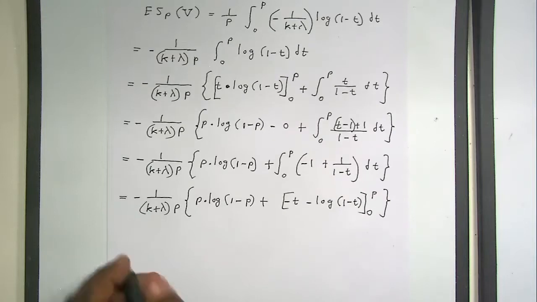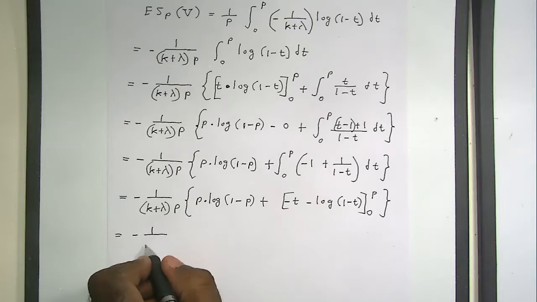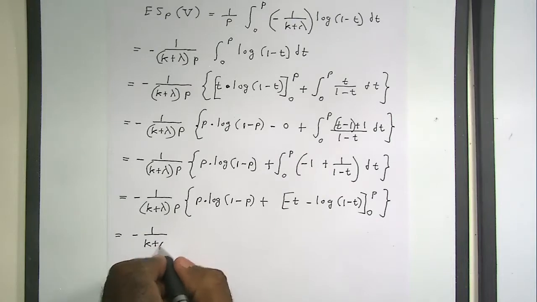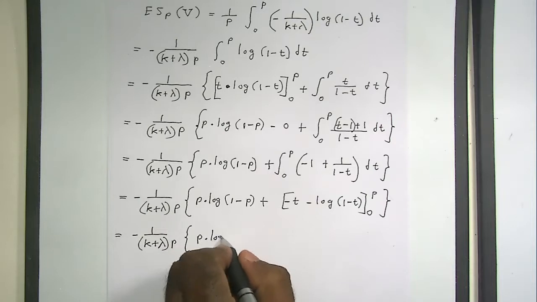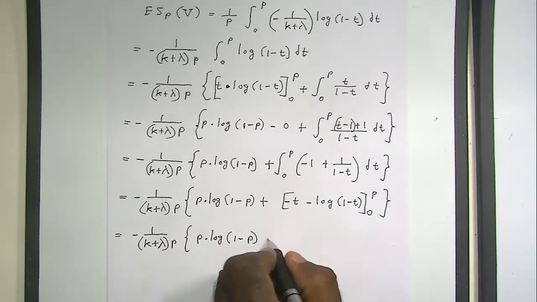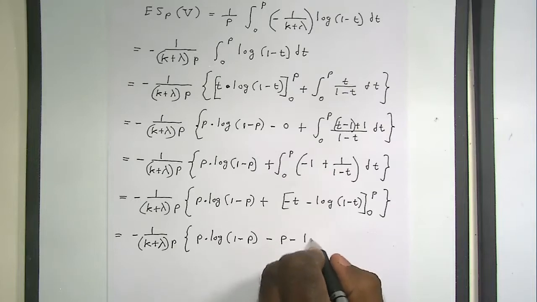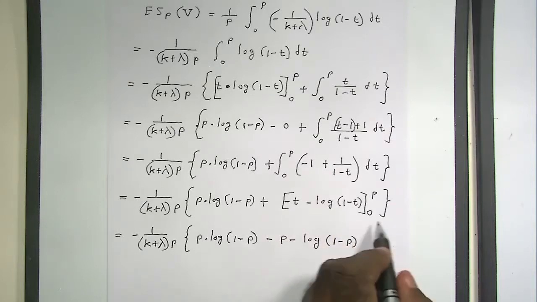So finally, the limit at p is minus p minus log of 1 minus p, and the limit at 0 is 0.